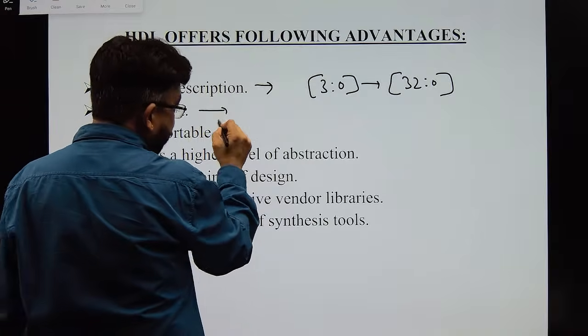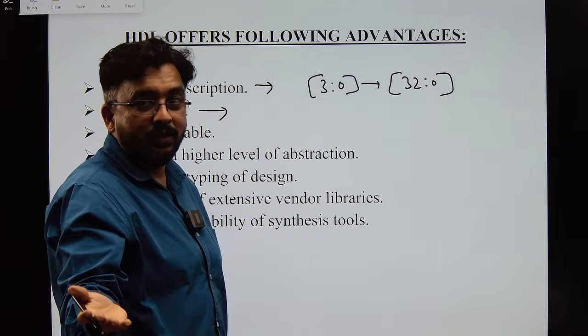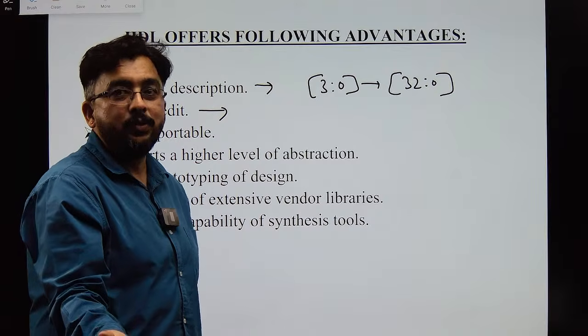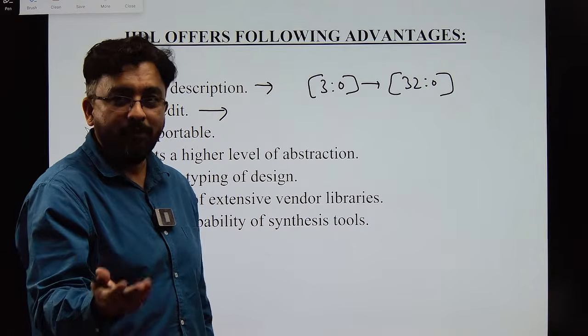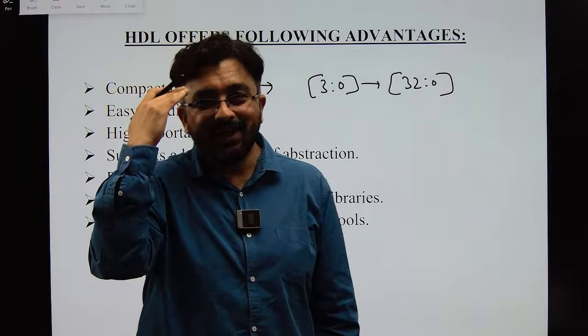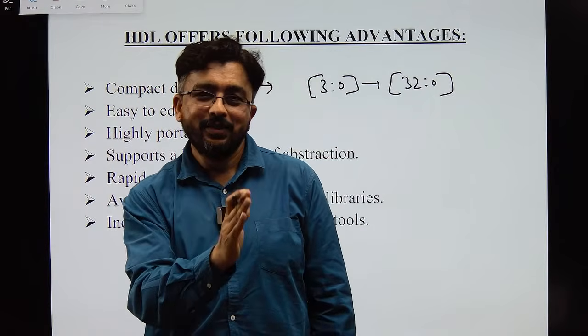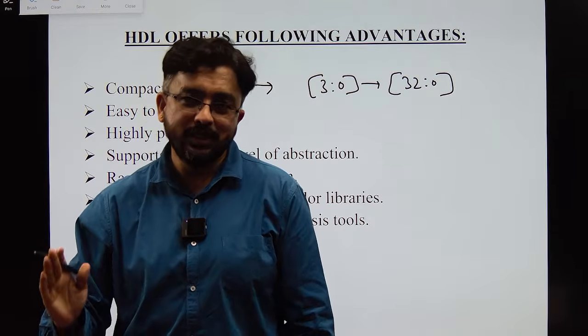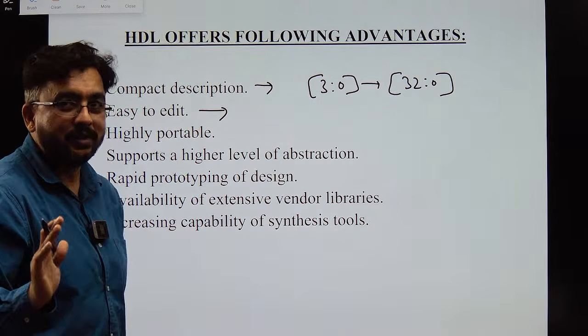Easy to edit. In the last class, we got an error in the 8-bit counter, and I got one hour today to explore it. Still, I am not able to solve it. Where is the error? We have to find it out line by line. So there are challenges in schematic.